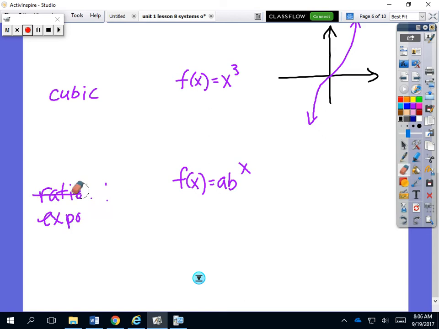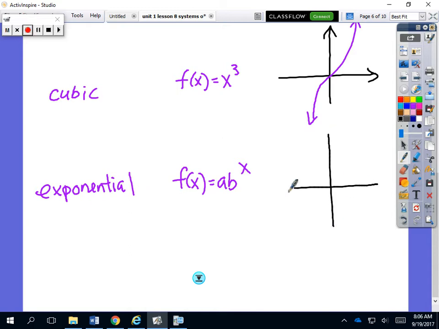Let's erase that. Exponential, because the power is a variable. And that looks like it has a y-intercept at 0, 1, and then it increases. It doesn't cross the x-axis, and increases to infinity. Okay, those are the functions.